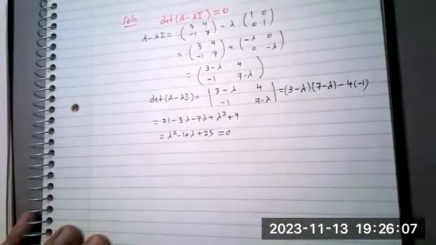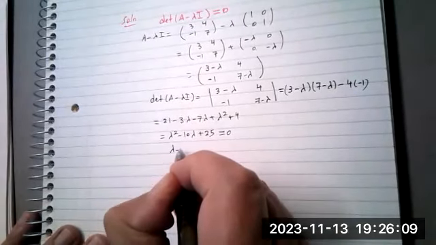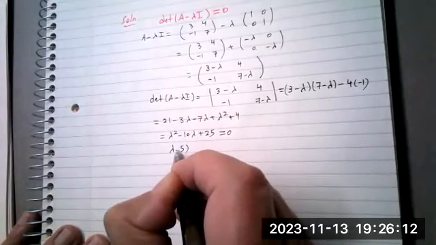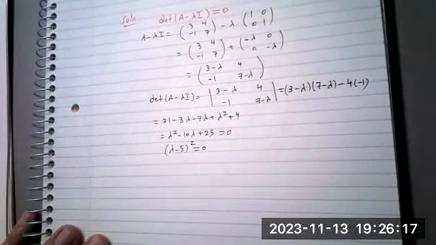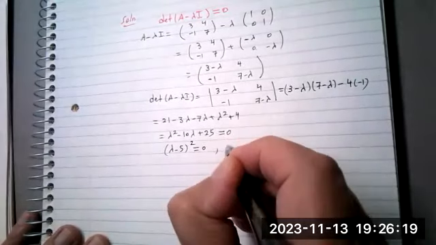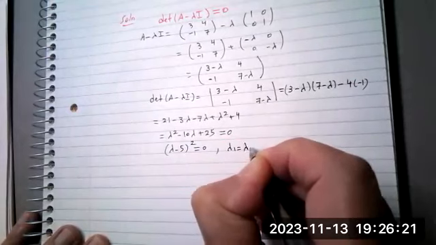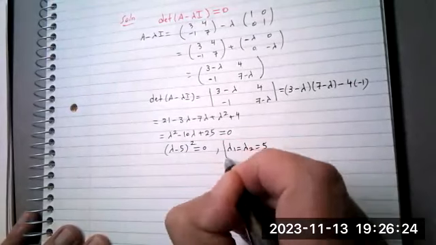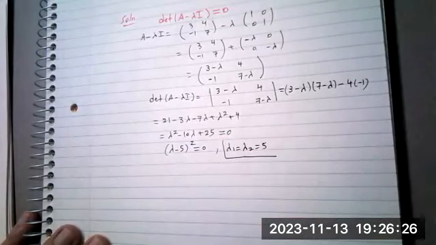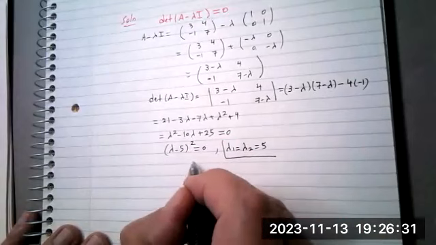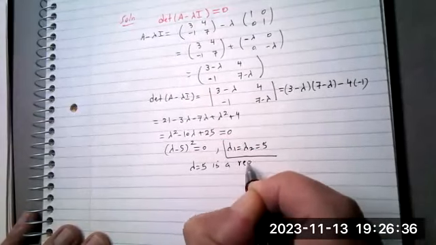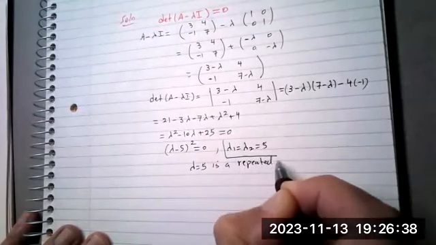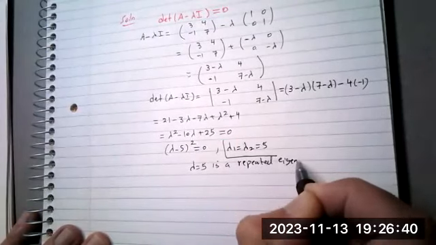That's easy to solve, because it's lambda minus 5 squared equal to 0. So we have two values for lambda, but they are the same: lambda 1 equals lambda 2 equals 5. So we have a so-called repeated eigenvalue.